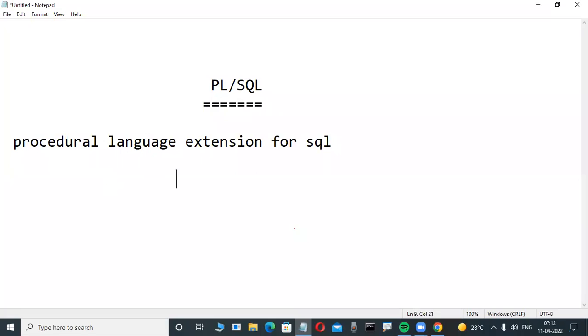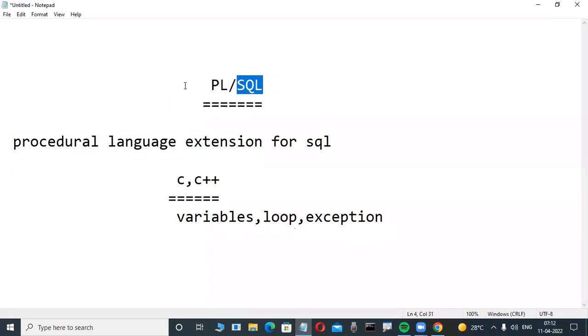Everyone knows programming languages like C, C++, Java, where procedural language concepts are available. Here also variables are there, loops are there, and an exception handling mechanism is there. Those capabilities are included in the SQL language through the PL/SQL language.